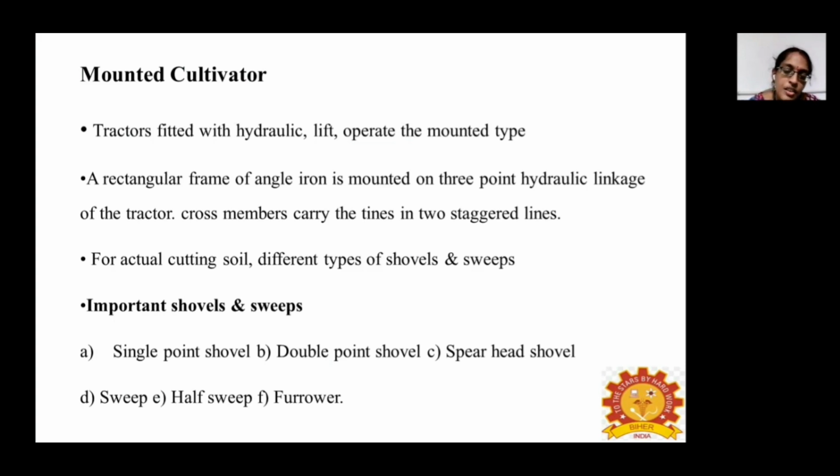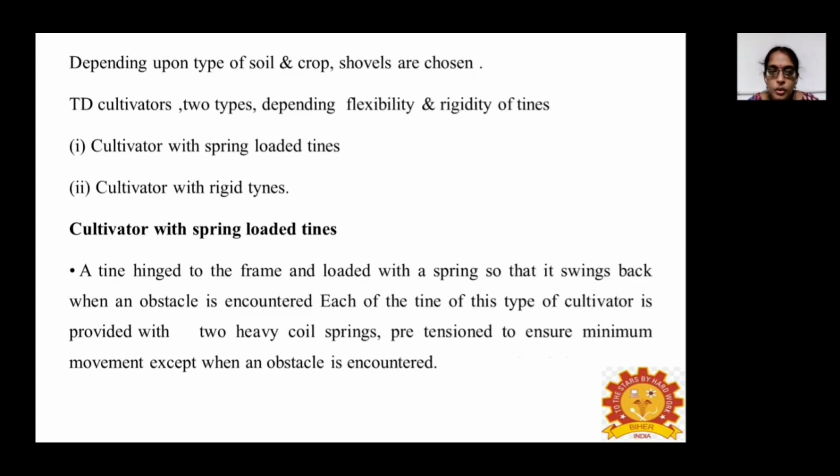Sweeps include the full sweep, half sweep, and the furrower. Next, the cultivator with spring-loaded tines. Spring-loaded tines have the advantage that if there is any obstruction, the tine will get lifted up. Each tine is provided with a coil spring, which ensures minimum movement except when an obstacle is encountered.